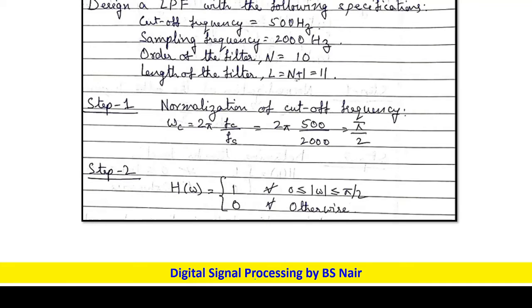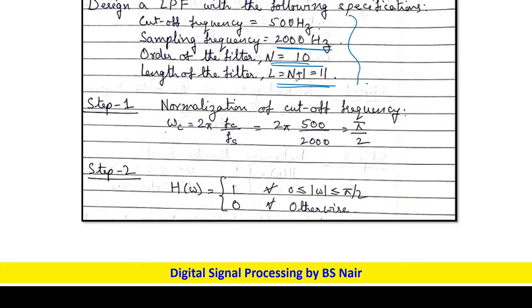Then lastly, for the same low pass filter example or any other filter example, you may be given this kind of specification: cutoff frequency 500 hertz, sampling frequency 2000 hertz, order of the filter 10, length of the filter 11. In this case, the first step would be to normalize the cutoff frequency.